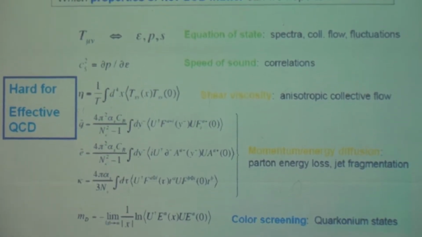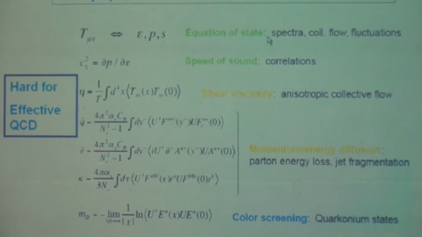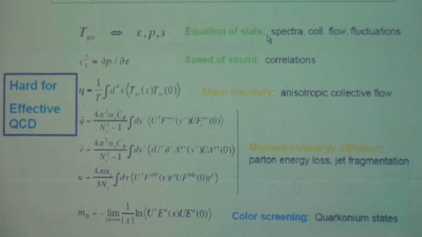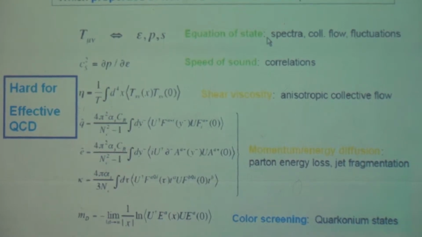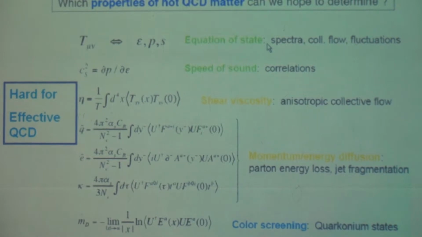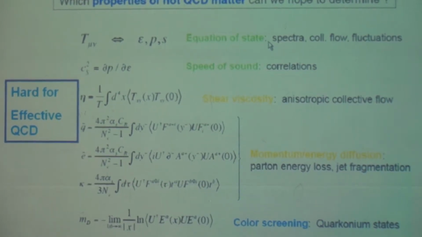We need an effective model for moderate temperature, close to Tc but not asymptotically high temperature. So basically, around Tc, I think this is still very difficult.